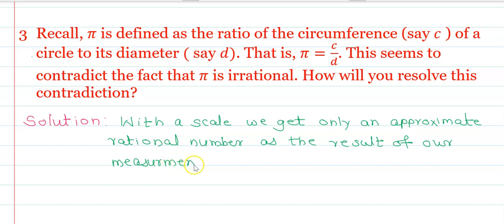That is, what type of measurement you are using, and we get the approximate. What is the least count of that measurement?